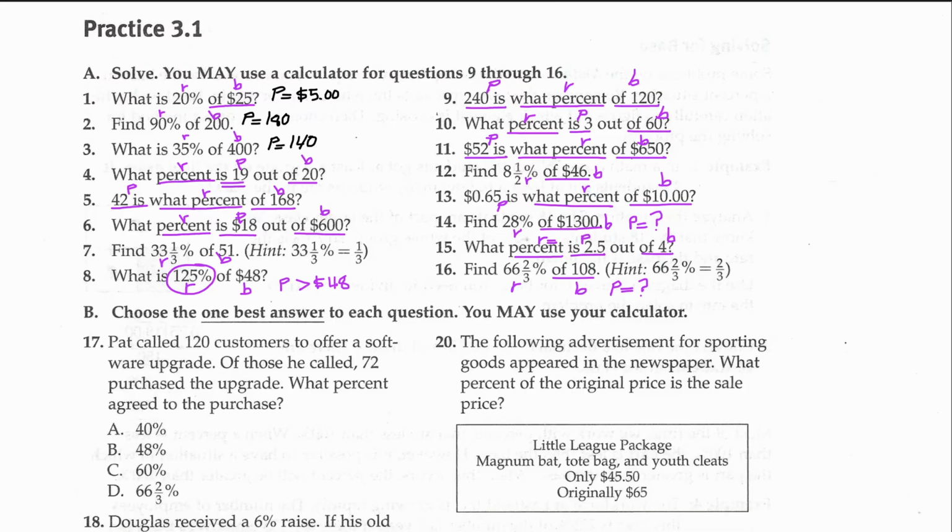For number 4, we still use the same formula. But for number 4, the missing part is the percent or the rate. However, if we apply the formula, we still can find the percent. So let's put the numbers here. The rate, we don't know. That's the percent.